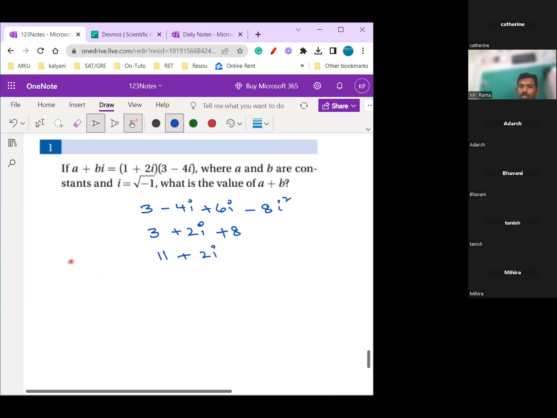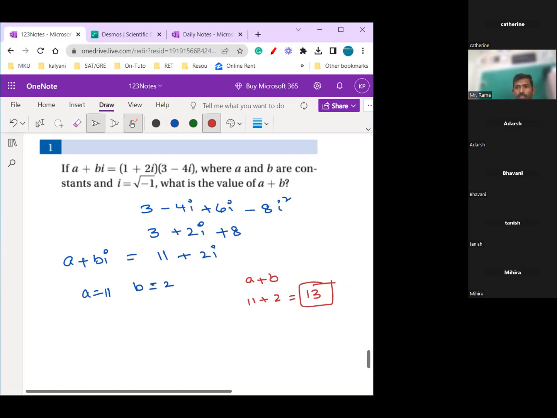So that means this is the a plus bi form. So a is 11 and b is 2. But the question is asking a plus b, which is 13. Just 11 plus 2, 13. Okay, that's what you need to give as the answer for this one.